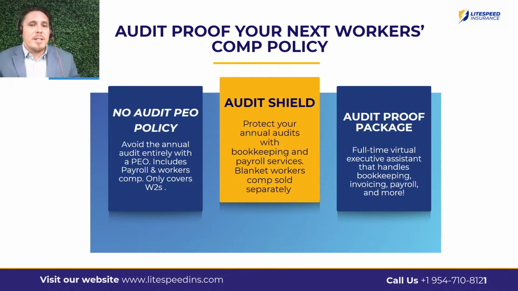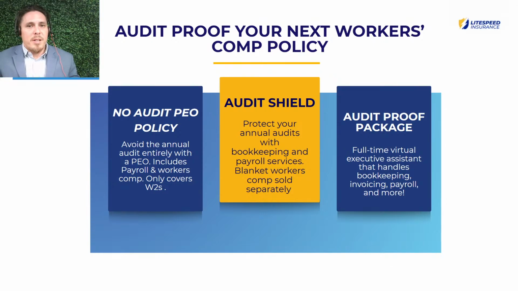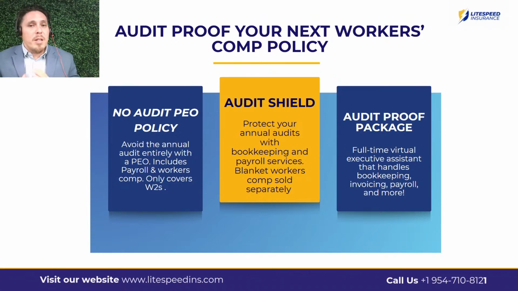Now, the second package is called the Audit Shield. This is designed to protect your annual audits through payroll and bookkeeping services. So what we can do, we can do either or. You don't have to buy both packages. Maybe you have a good accountant, right? And you just need payroll. We can do payroll by itself. Or maybe you have payroll, but you want bookkeeping services.